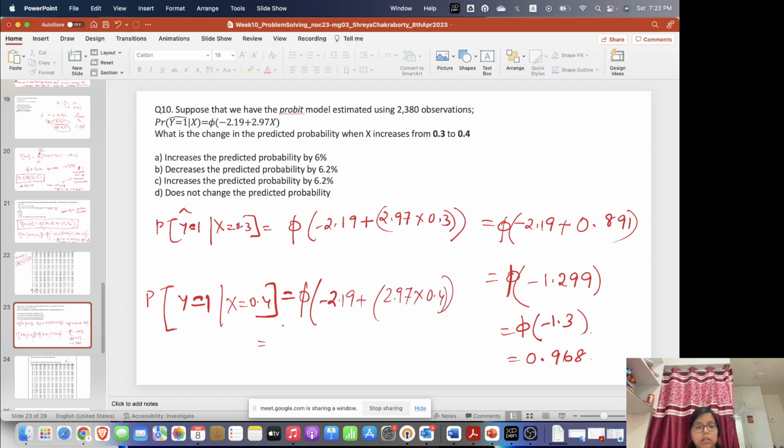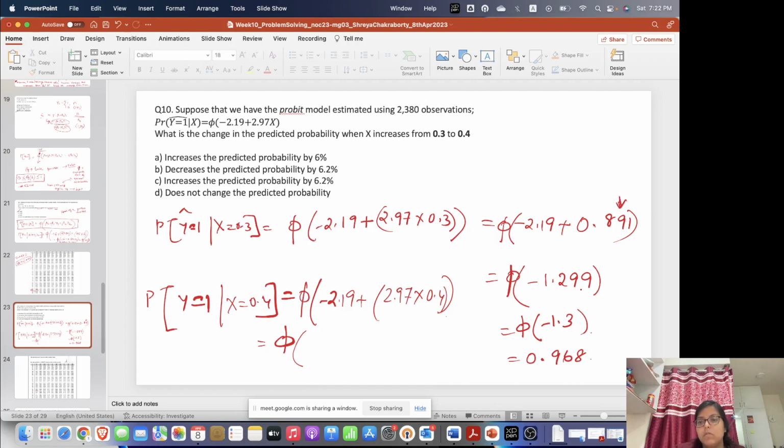This will be... okay. So in the solution that was released, here only they are doing the round up.